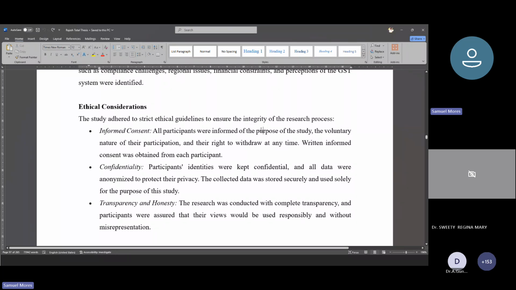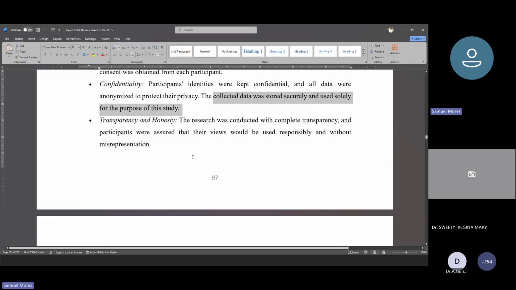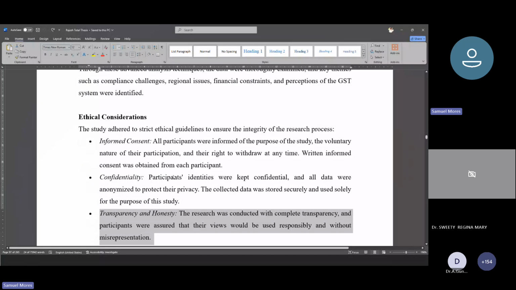I informed them why I am conducting the study, what is the nature of their participation. Participants were also informed that their data will be kept confidential and anonymized, that means their identity will be protected, and data will be solely used for academic purpose. The research is conducted with complete transparency and participants were assured that their views would be used responsibly and without misrepresentation. These are ethical considerations.